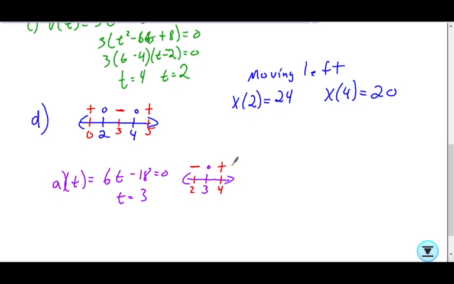Okay? So if I wanted to use this information to graph what we have, at time equals 0, I'm at 4. At time equals 1, they told us that we were at 20. At time equals 2, we just did it, we're at 24.